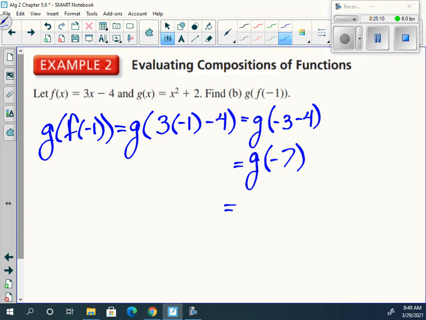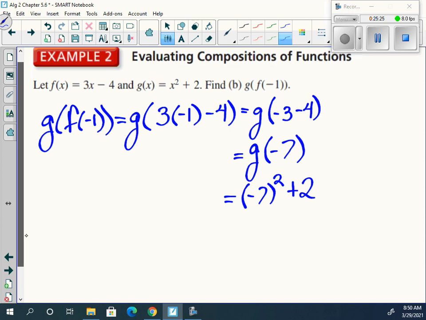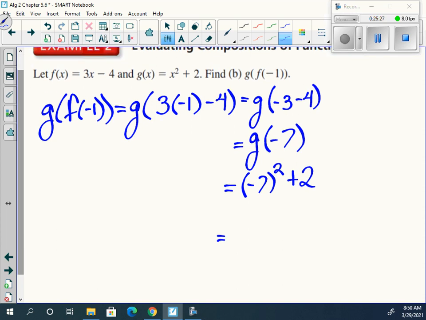Any questions on how we got to this point here? Now we're going to plug negative 7 into g of x, which would give us negative 7 squared plus 2. Yes.